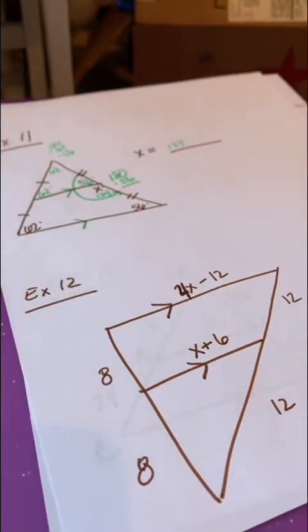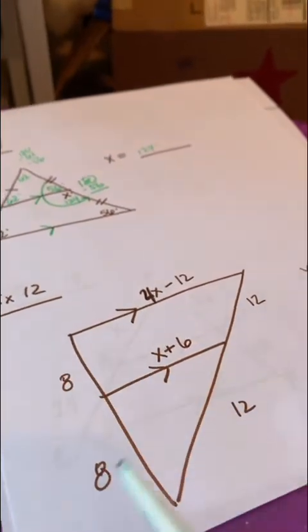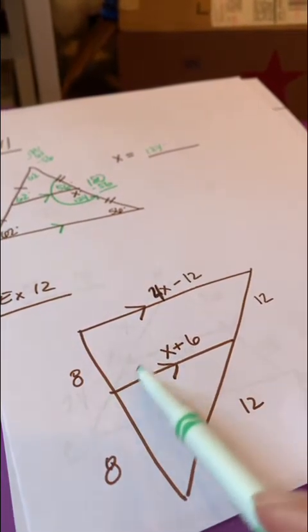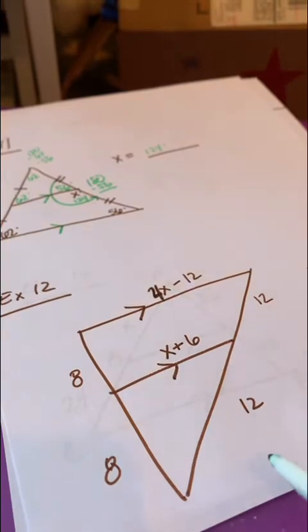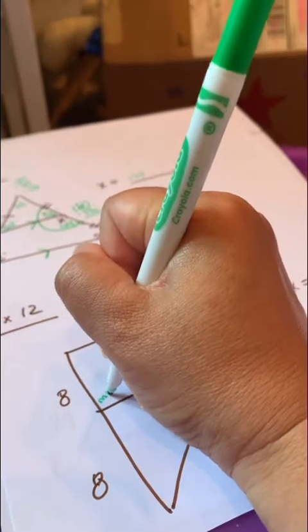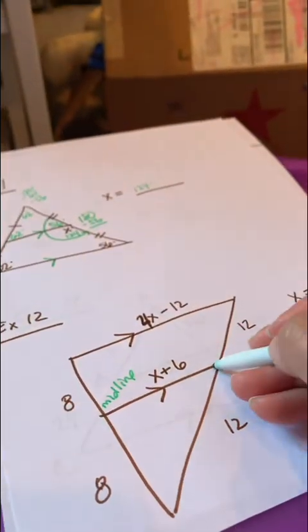Okay. Now, on this one, I'm not going side to side again. Look, I have 8 and 12, 8 and 12. They're already filled in. I have these lines going in the parallel ones. Now, when this happens, this is referred to as a midline. It cuts the left side in the middle, and it cuts the right side in the middle.